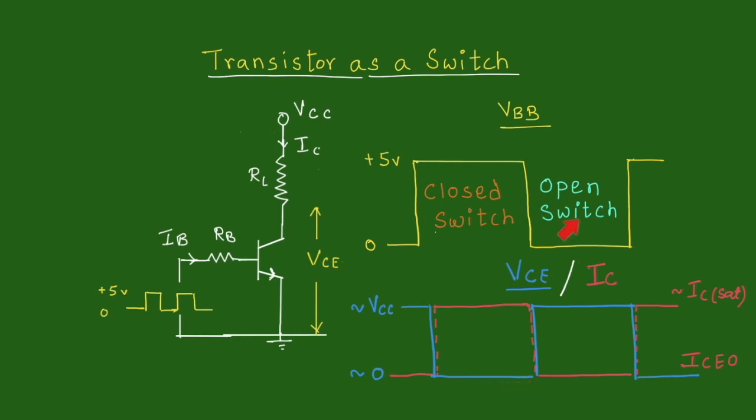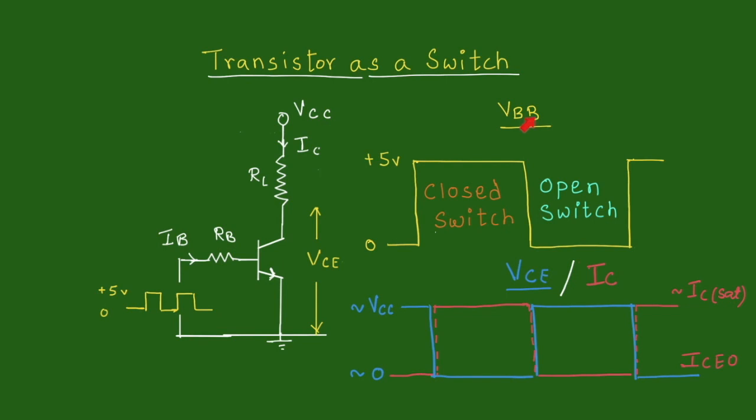Whereas it can act as open switch when VBB is equal to 0, giving us VCE approximately equal to VCC and IC approximately equal to 0. This shows that we can operate this transistor as a switch where the switching action of the transistor can be controlled by selecting proper base signal.